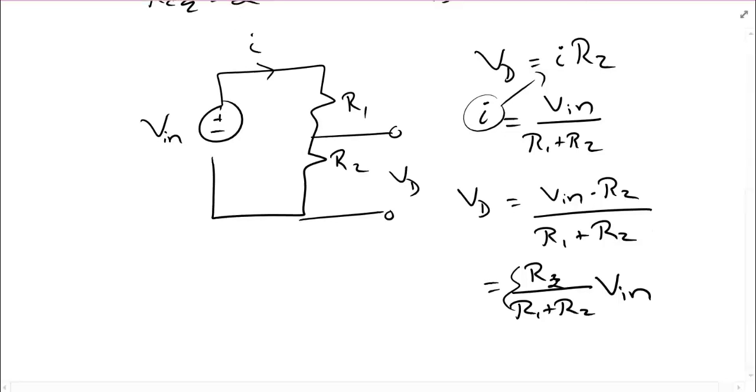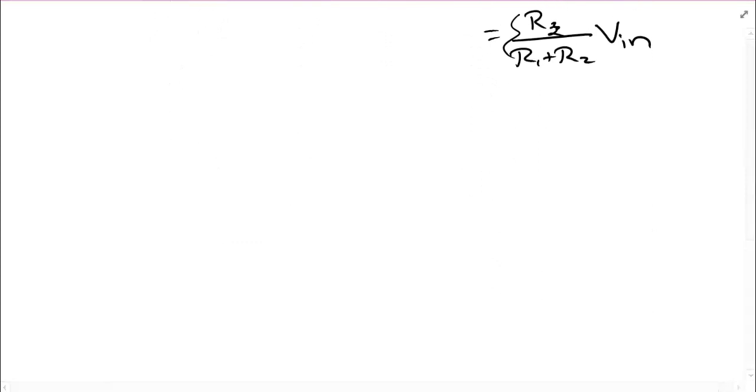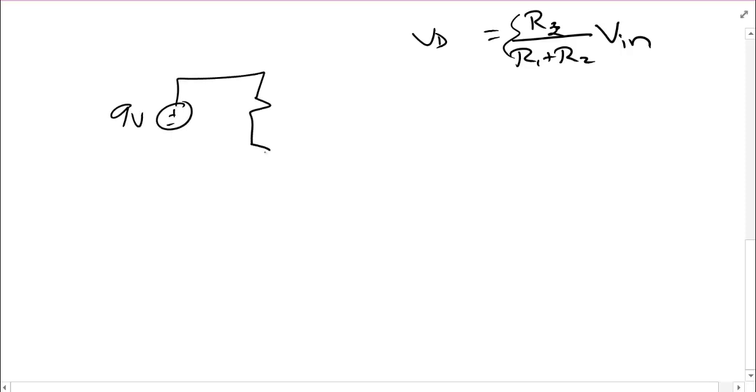Let's take a look. I'm going to keep this equation up here, and I'm going to say now Vin is 9 volts, and I'm just choosing numbers randomly. Why don't we say this is 2 and this is 3? So the question is, what is VD?